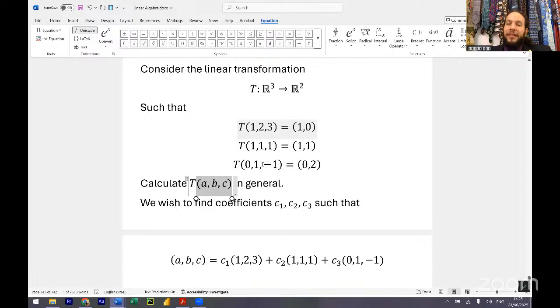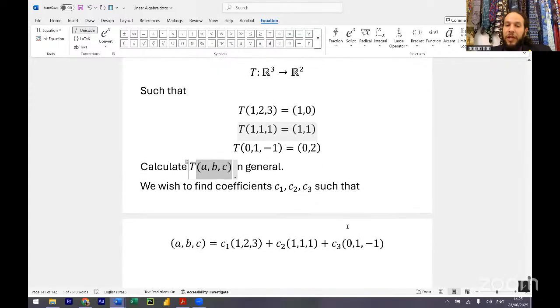So it spans everything. So every ABC must be able to be created using these 3 vectors. So we want to find these C1, C2, and C3, which obviously will be dependent on A, B, and C.